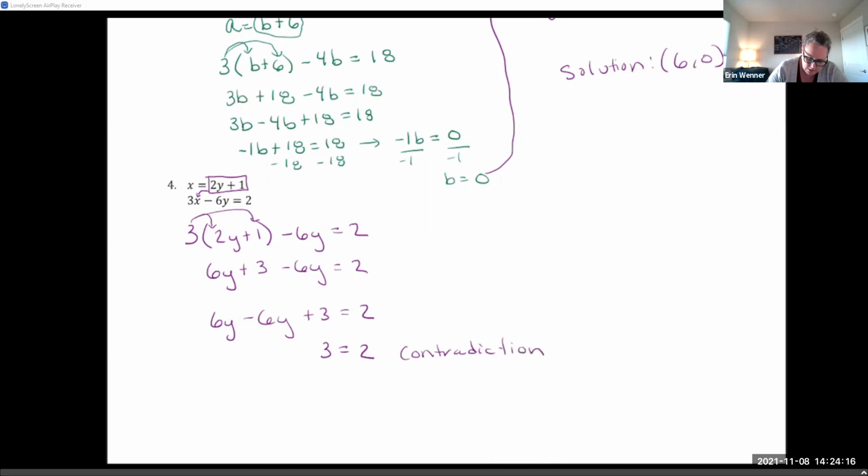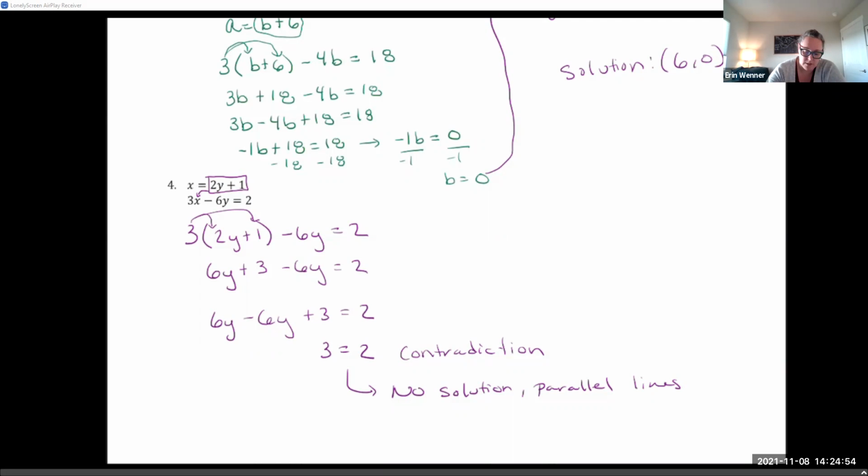Which leads us to say that there is no solution because these are parallel lines. So this isn't a situation where we've got a special solution, right?